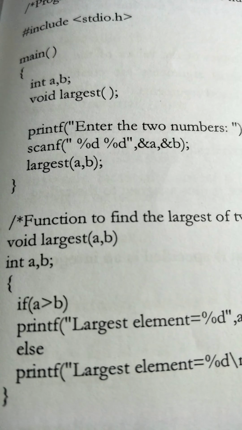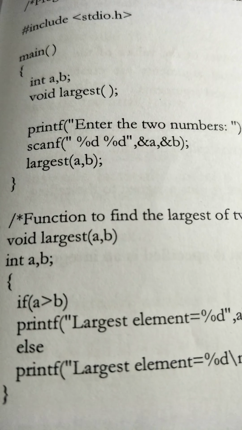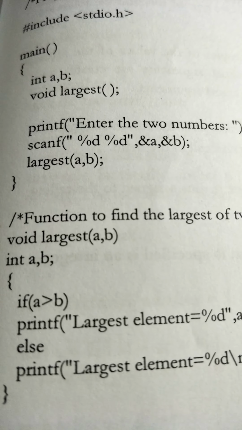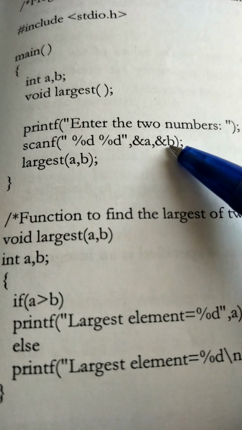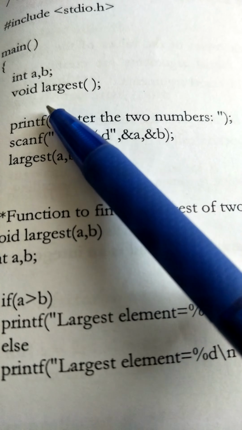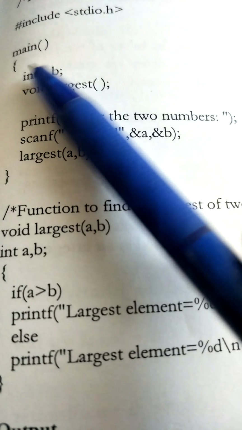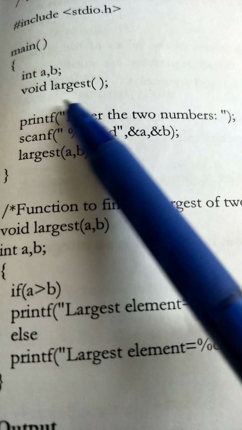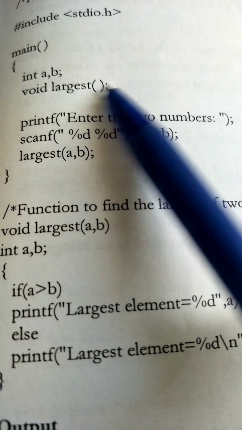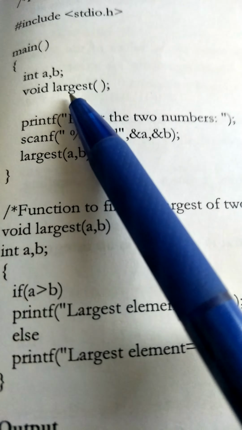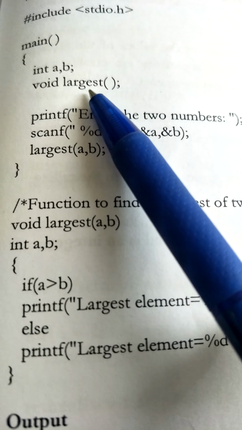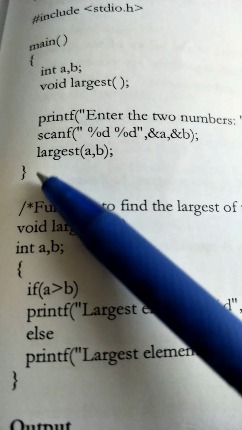No return value means whatever value you got from the function, we do not return to the main. And then this is the declaration part. This is just to tell the compiler that we have a function in this program.